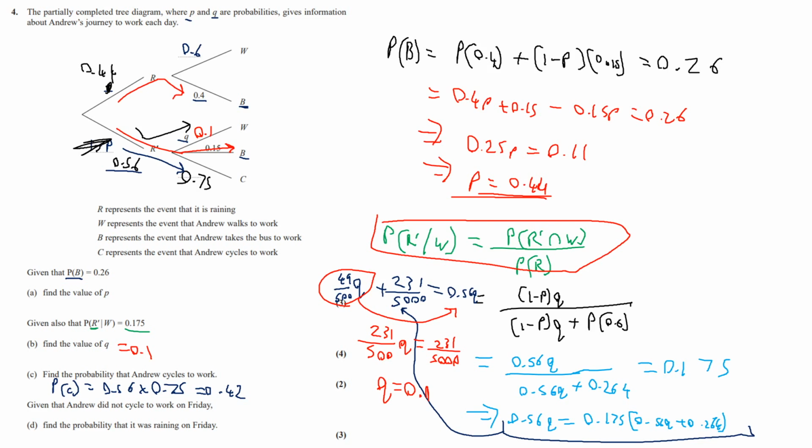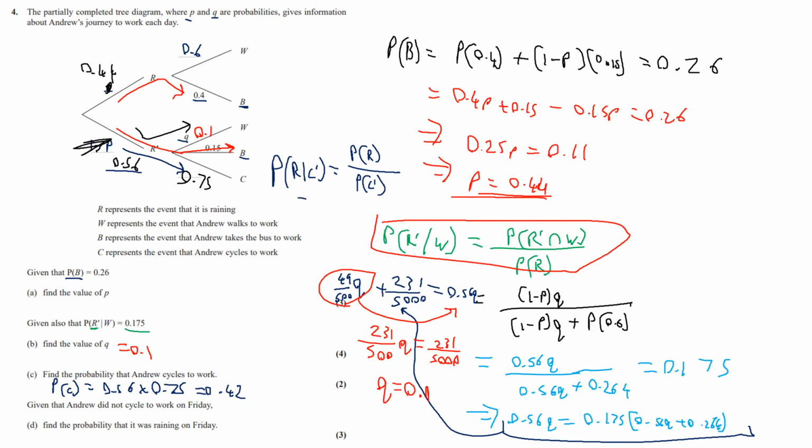What we're asked to find is the probability that it rains, given that he doesn't cycle. That's just going to be the probability that it rains over the probability that he doesn't cycle.